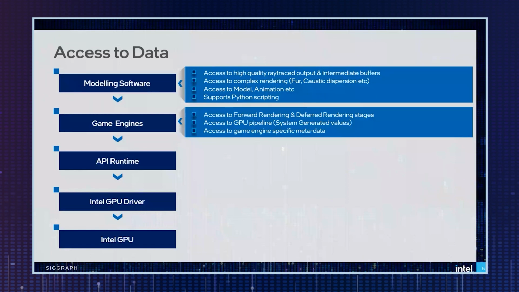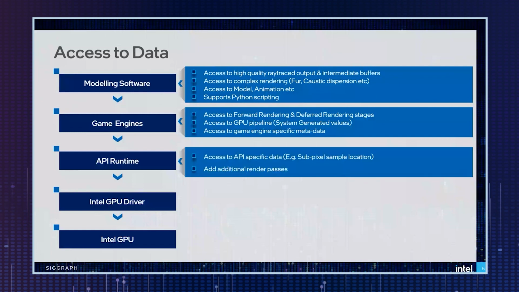We also have access to the vertex information that contributes to that primitive, and to game engine specific metadata. For example, the way the game developer put together the scene, we have access to the hierarchy of the scene from the game engine.